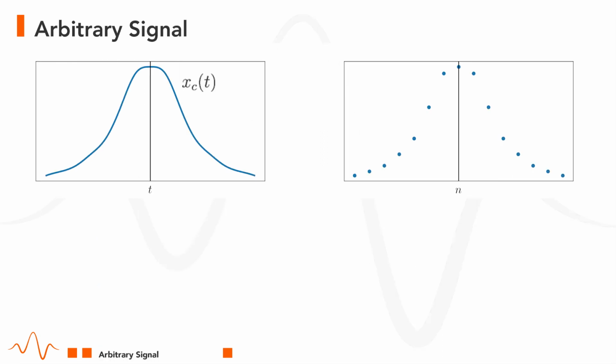What we have seen for this example of a cosine actually generalizes to arbitrary signals. Suppose that we have a signal xc and we take samples leading to a sampled signal discrete time xd of n.